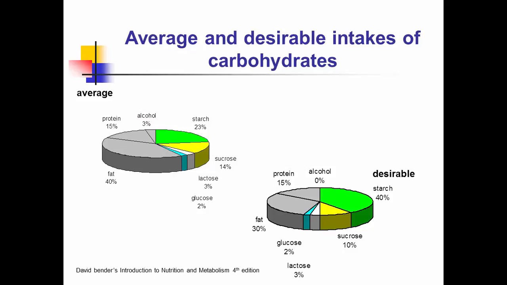It looks like we need to consume more starch and less sucrose. Okay, so just to give you some idea of the dietary composition that we consumed, compared to the ideal composition of diet.